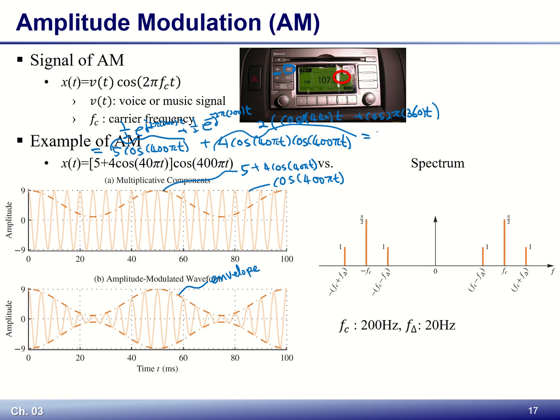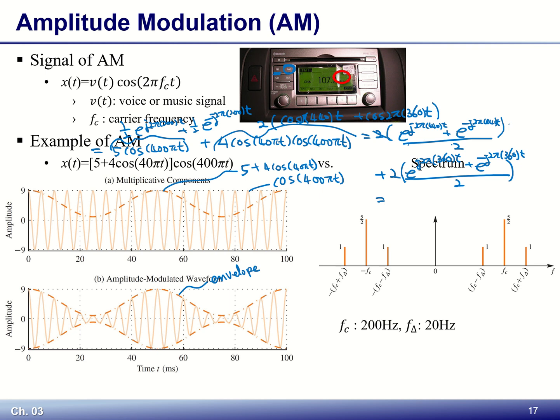It will be 2 exponential j 2 pi 440t plus exponential minus j 2 pi 440t, plus 2 exponential j 2 pi 160t plus exponential minus j 2 pi 360t.